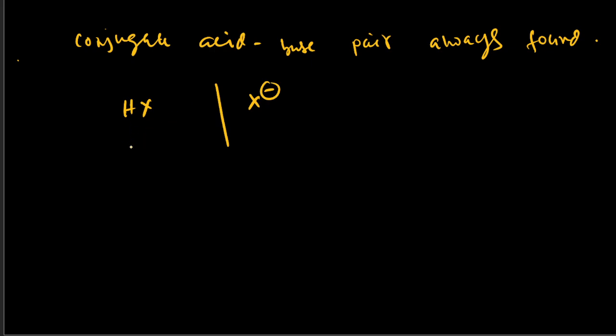And similarly, if I say H3O plus, then OH minus. So he says that if acid is there, then its conjugate base must be there. They are always found as an acid-base pair.